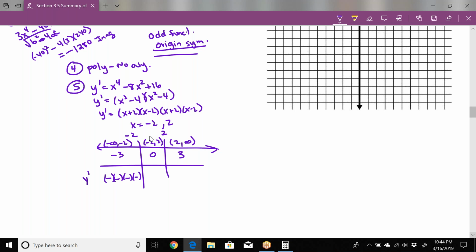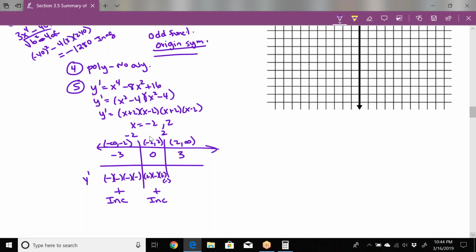-3. Yes, I'm right. Okay, just making sure I wrote everything right. So this is positive overall, so that means this region is increasing. If we put in zero, we get alternating signs, positive, negative, which makes an overall positive, which means it's also increasing.